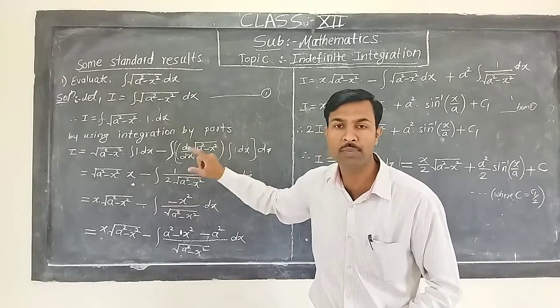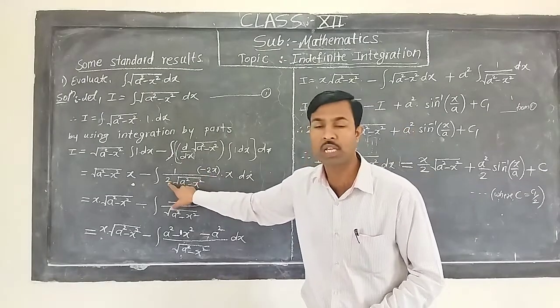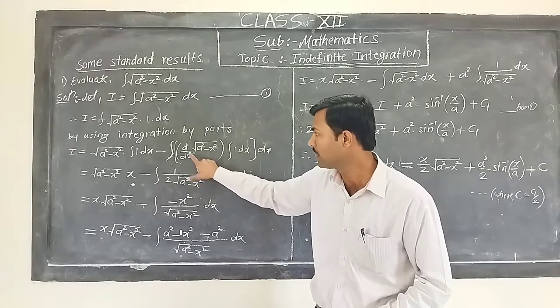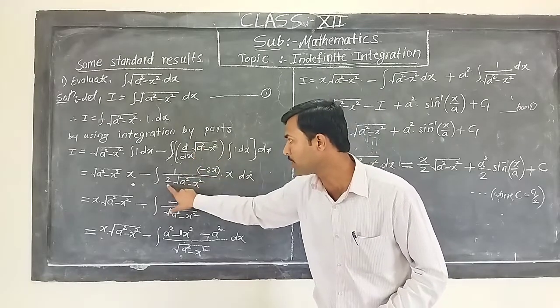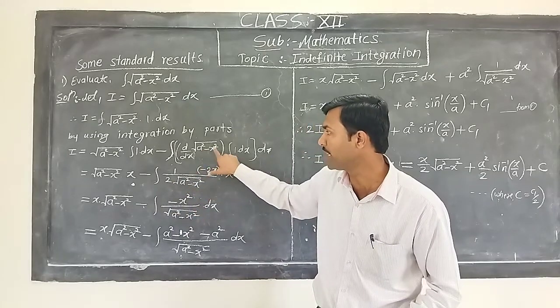The derivative of this term looks like the derivative of root of f of x, and the formula for it is 1 upon 2 times root of f of x into the derivative of f of x. So the derivative is 1 upon 2 times under root of a square minus x square into the derivative of a square minus x square.